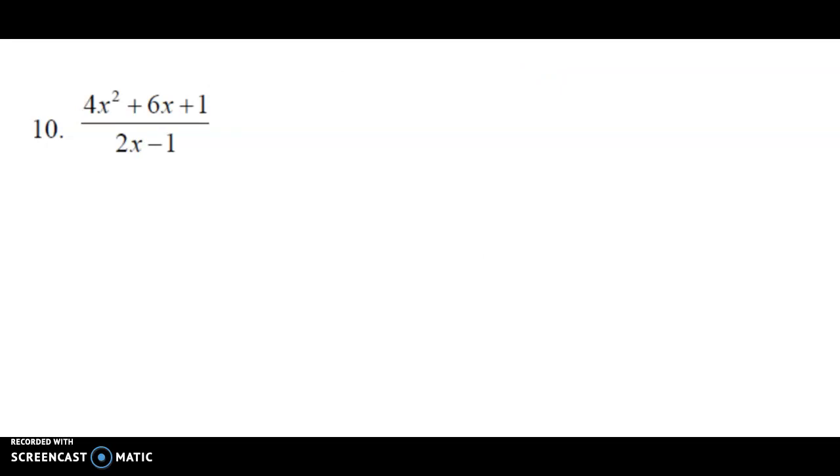All right, we're going to jump to number 10. The next thing I want to show you occurs in this problem. Again, we're going to set up our division problem, our long division. I got 4x squared plus 6x plus 1. I'm going to divide that by 2x minus 1.